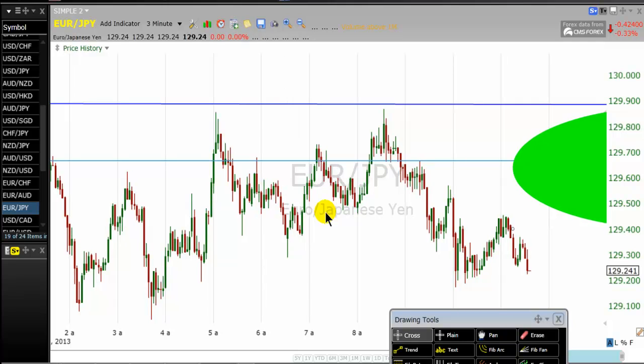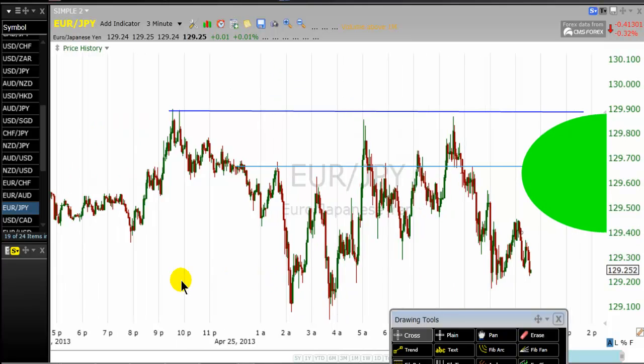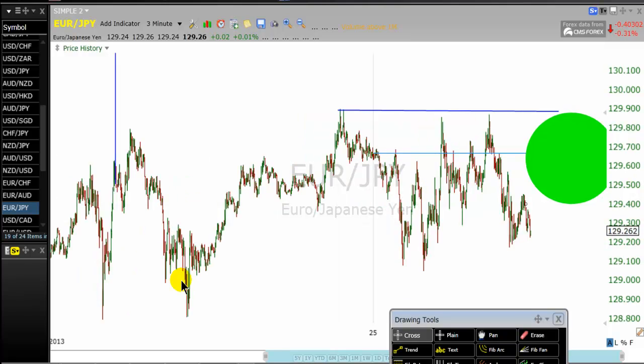What I believe is happening here, traders that are buying or selling the USD yen or the pound yen are using the euro yen as a hedging scapegoat, so to speak. You can see there are a lot of ups and downs. It's a balanced market taking place here, which means one group. So I say to traders, be aware of the hedging activity. Sometimes you may see a gorgeous sell signal, but that sell signal may fail.